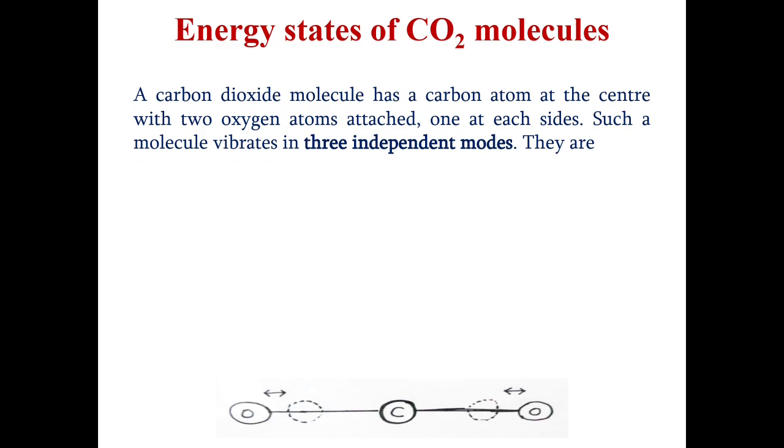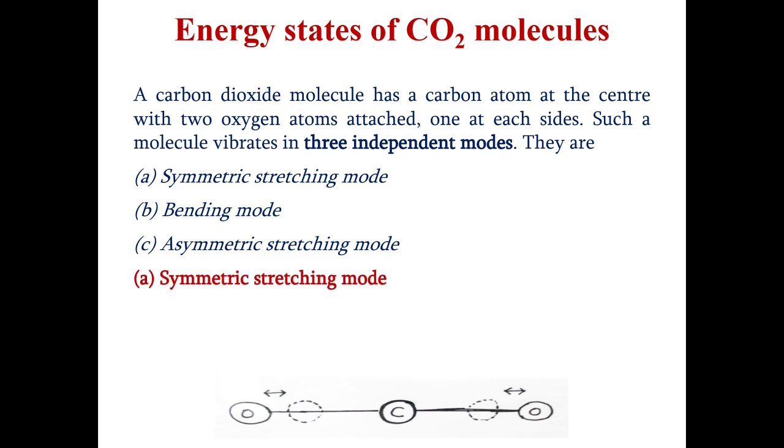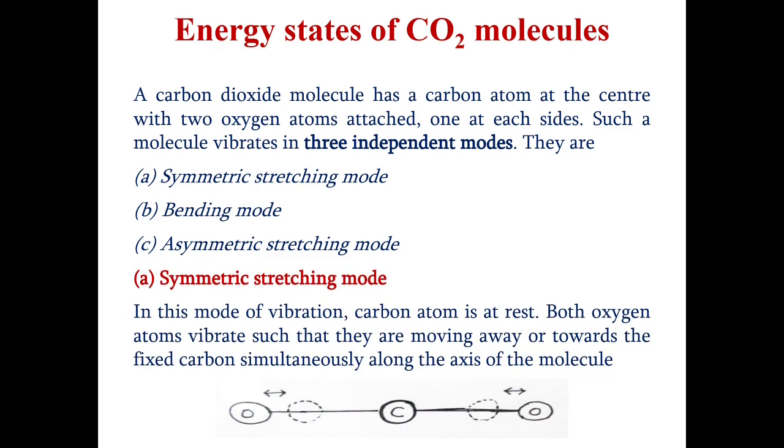We know carbon dioxide has one carbon atom and two oxygen atoms. So the carbon atom will be sitting at the center, and the two oxygen atoms will be at the two extreme ends of the carbon. So in carbon dioxide, these three atoms will vibrate in three different modes. The first mode is called symmetric stretching, then bending, and the third one is the asymmetric stretching mode.